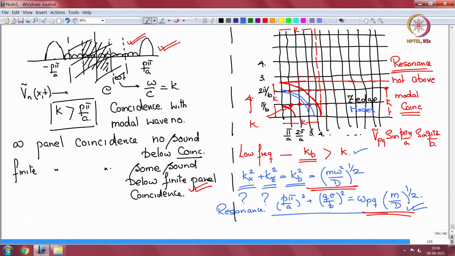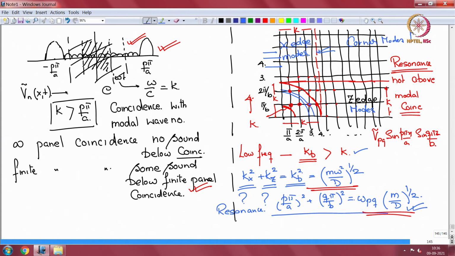Similarly here the P pi by A values are below this K value. So these are X edge modes, and these here are corner modes.